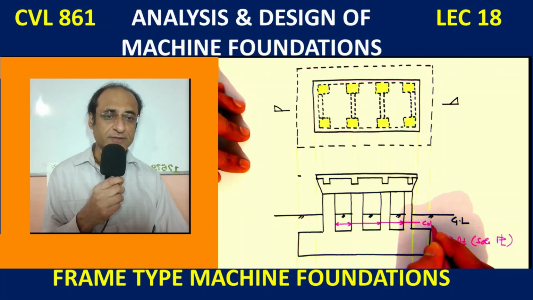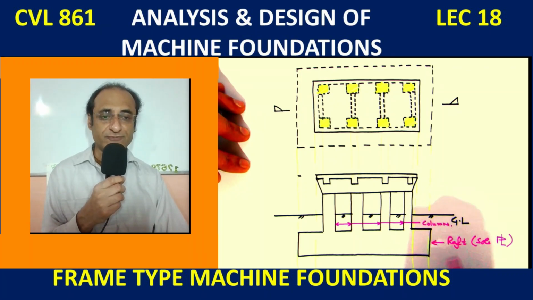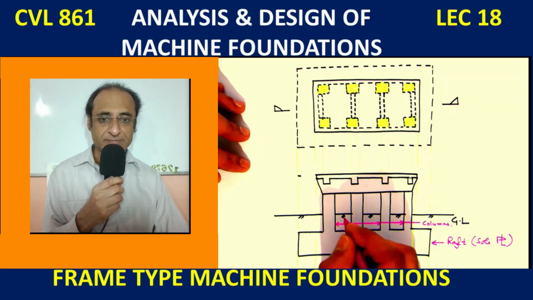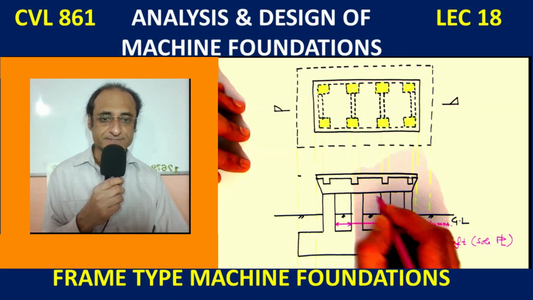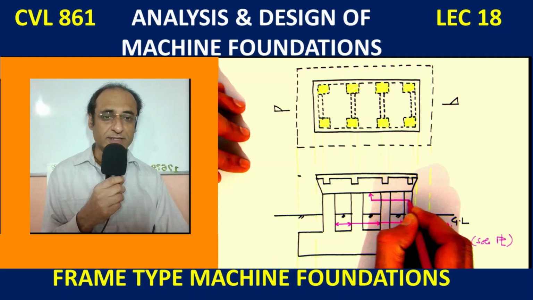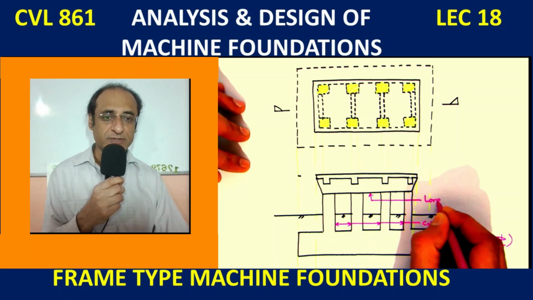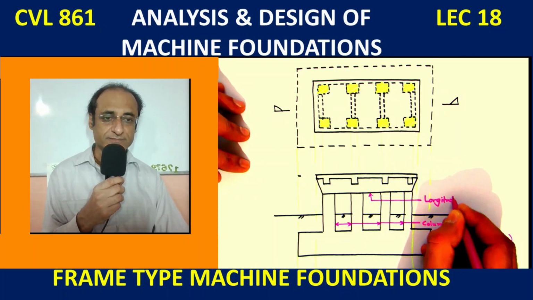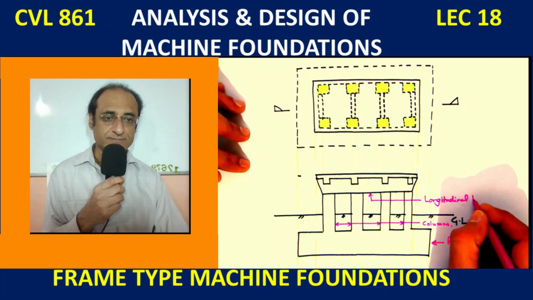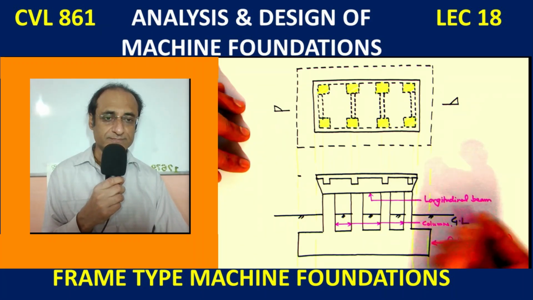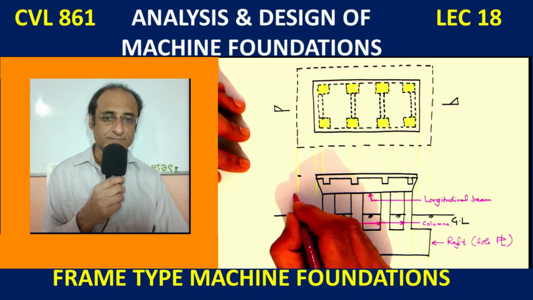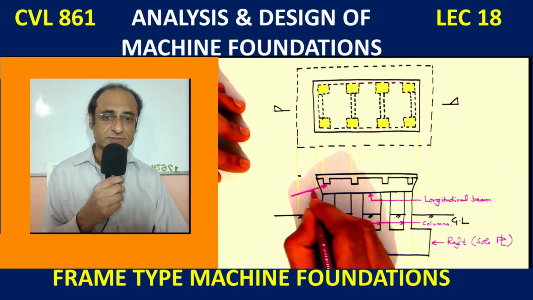Columns are normal with reinforcement, only difference is that they are to be designed by the working stress approach. And then we have this longitudinal beam, and then the cross beams.